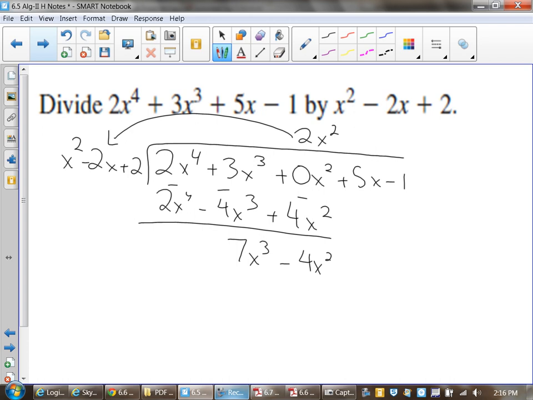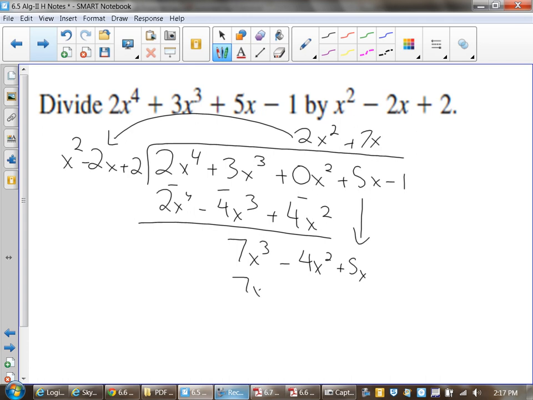And now what's my next step to do? Drop down the next one. And drop down the next. What question are you going to ask yourself now? What's the next highest exponent you see? Right, in the bottom. How do I turn an x squared into a 7x cubed? What do you multiply by? 7x.